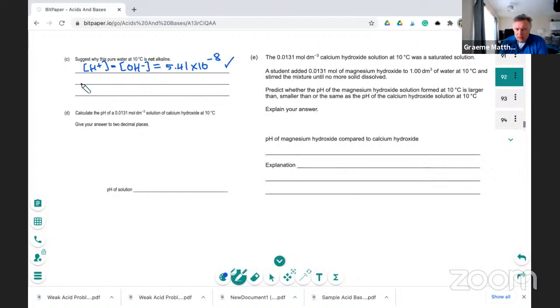And so actually, it is neutral. It's neutral because the H plus is equal to the OH minus concentration.